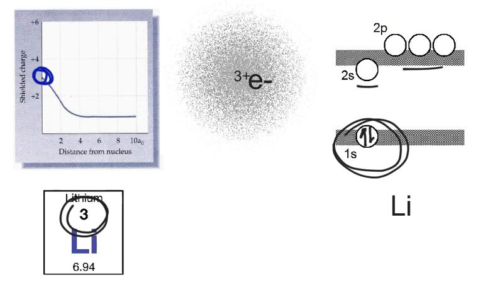It says the shielded charge: if it's really close, if there's 0 distance from the nucleus, it feels all 3 protons. But the farther you get out, the less it's going to feel of that +3 because it has negative electrons in the way. So these 1s electrons, we say, are going to shield the outer electron from that +3 charge.